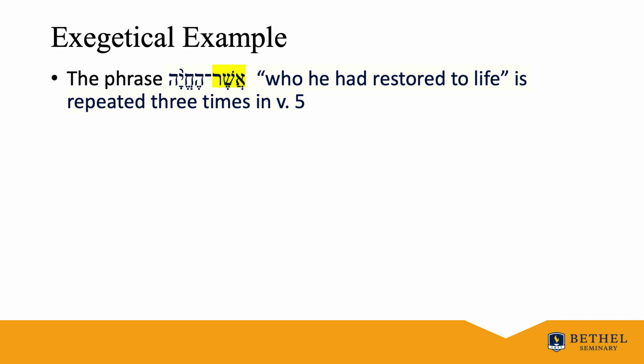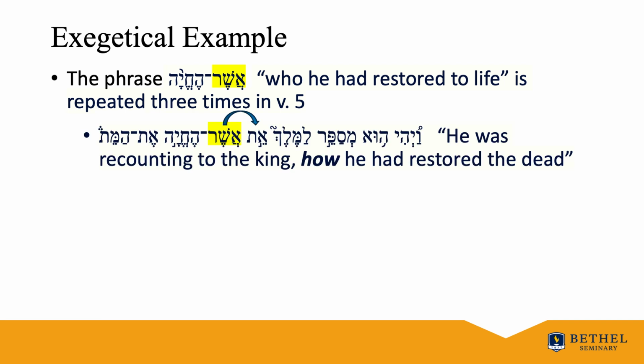So let me show this to you. The next time it appears, it says, he was recounting to the king, asher, how he had restored the dead. In this instance, the asher is not pointing to the woman, but the asher is pointing to Elisha's miraculous action of bringing the child back to life.